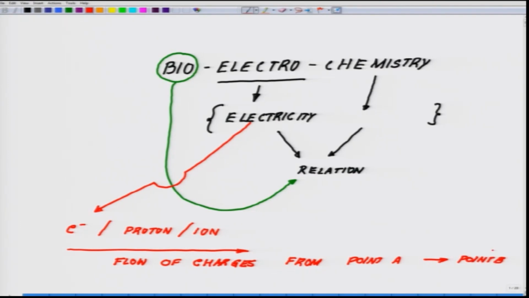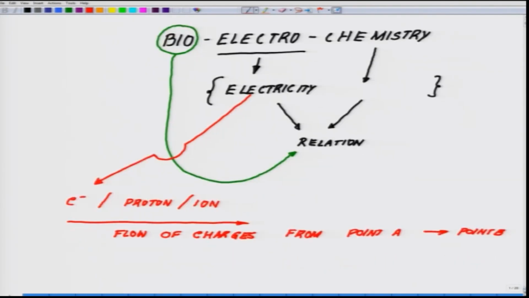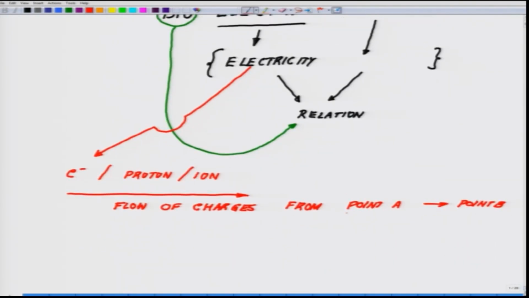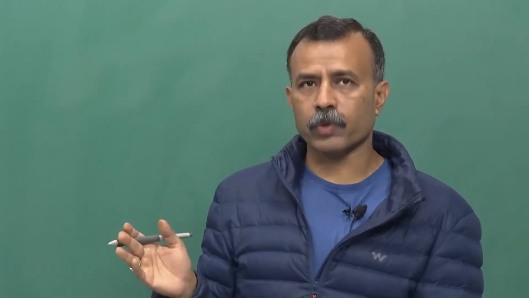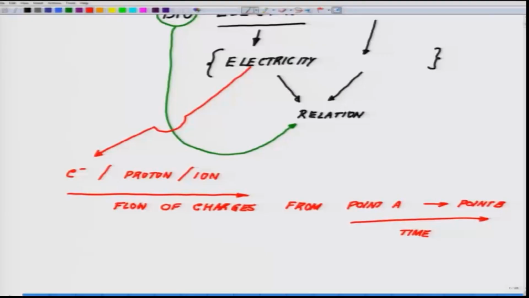Now, this flow of charges from point A to point B is happening over a period of time. Time could be anything, it could be millisecond, microsecond, picosecond, or on the other side seconds, minutes, and so on and so forth. Whenever we introduce time, we talk about a rate.